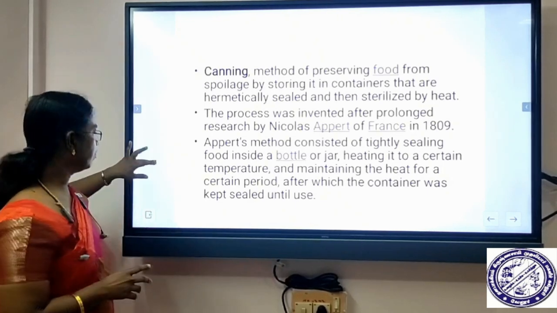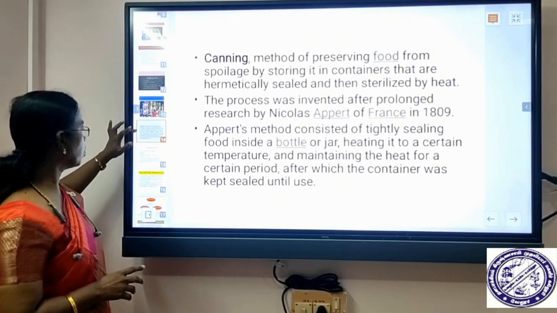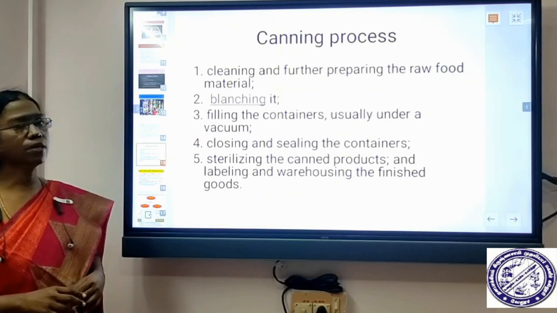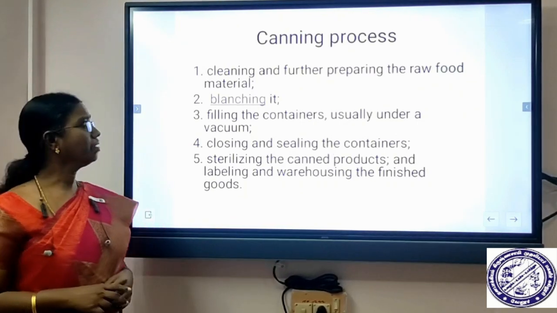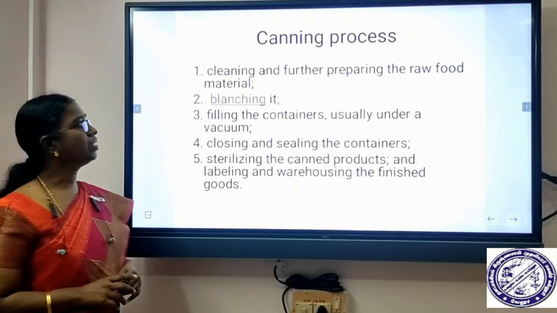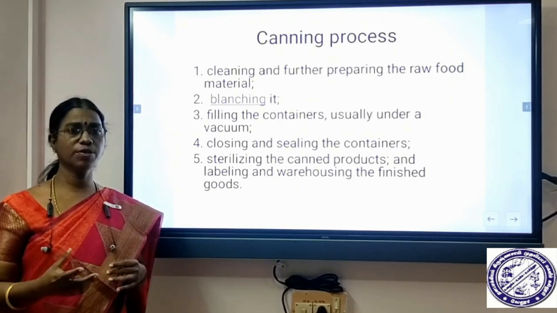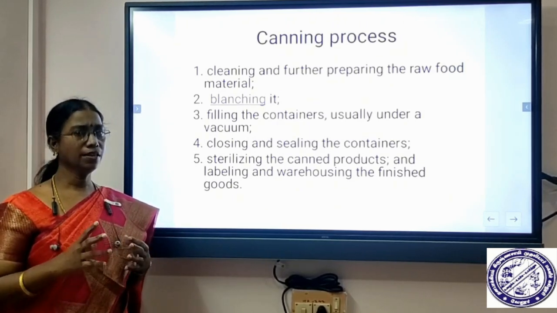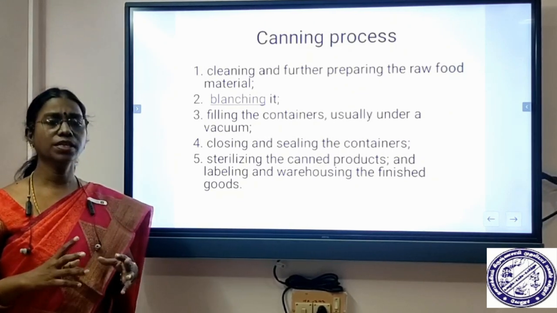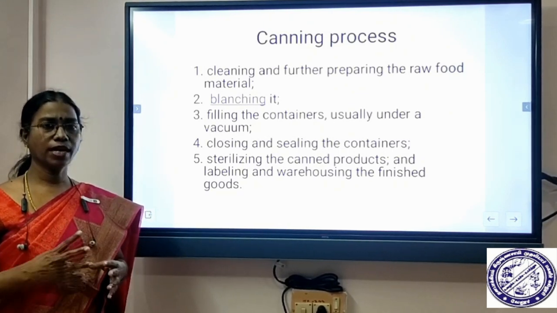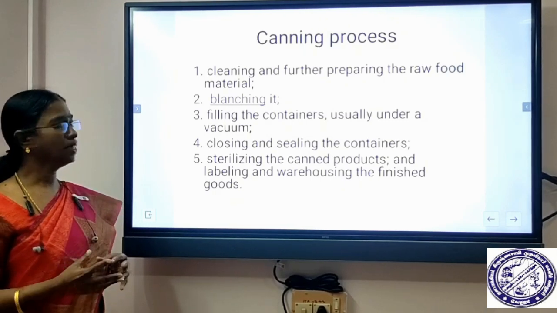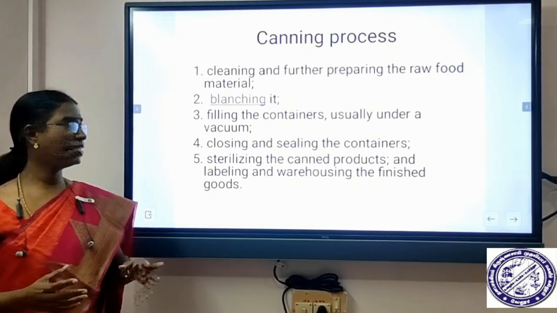There are different steps involved in the canning process. Before canning, in the beginning, cleaning of the food should be done. In case a fruit or vegetable is to be canned, it has to be first washed to remove the dirt or any microorganisms present on the surface, and then subjected to blanching.